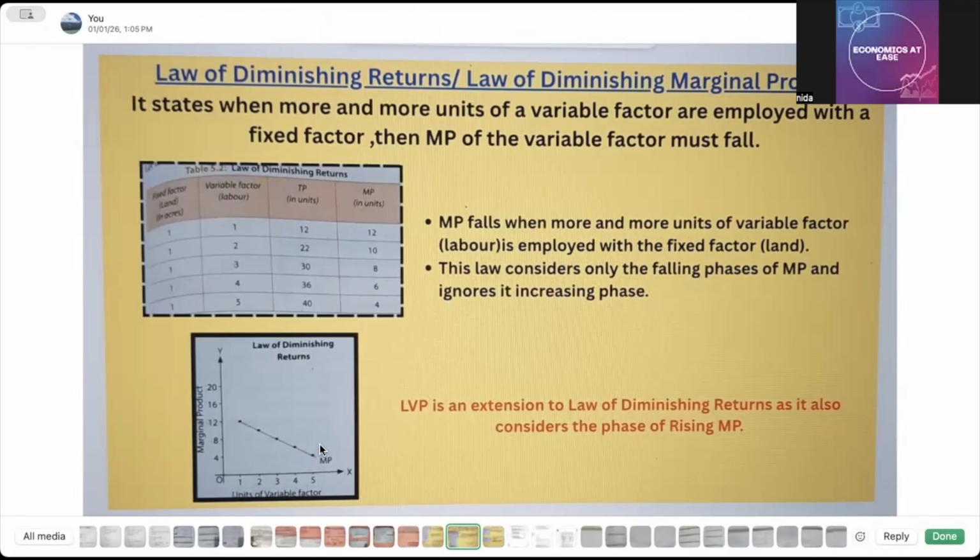MP is decreasing. That is the only concern. You can make the table like this, the previous table that was going on. And LVP is an extension of law of diminishing returns. Why? Because it considers the rising phase of MP also. But in law of diminishing returns, we only consider the diminishing MP.